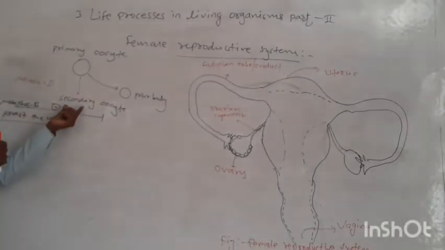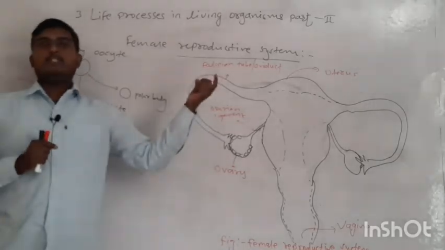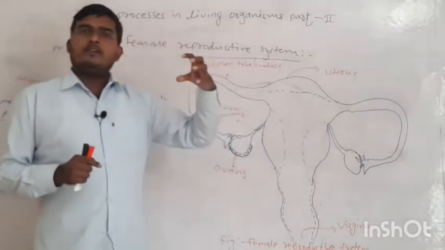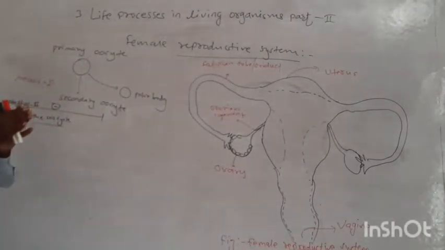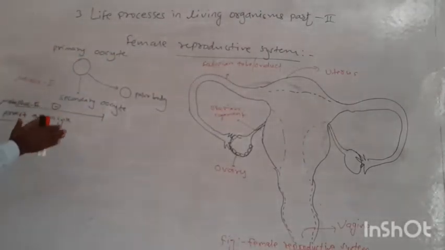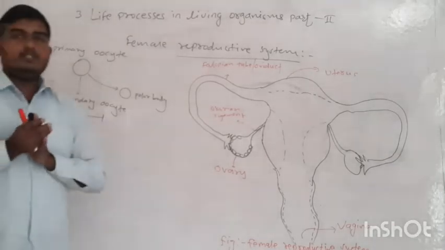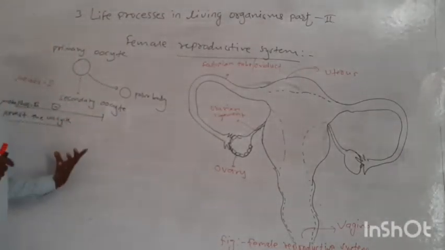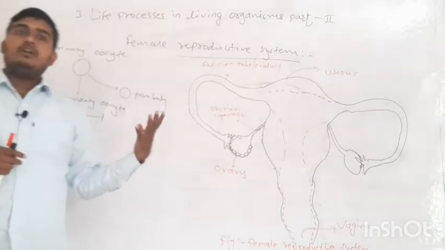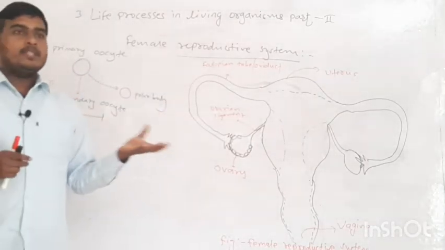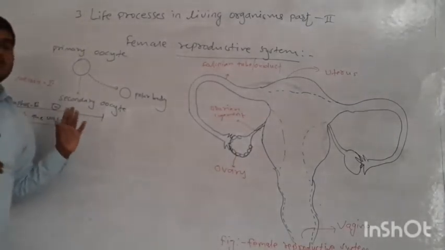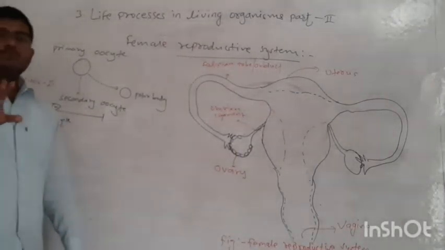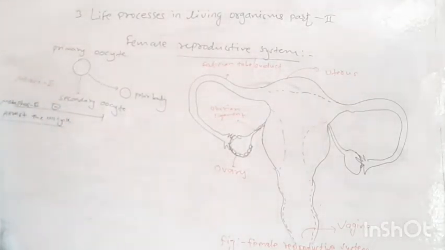At that time these secondary oocytes are released into the fallopian tube, we can say oviduct, and inside the oviduct another process occurs, the ovulation process, where the secondary oocyte is converted into an ovum. That process is called ovulation. Now this secondary oocyte is capable of participating in ovulation.